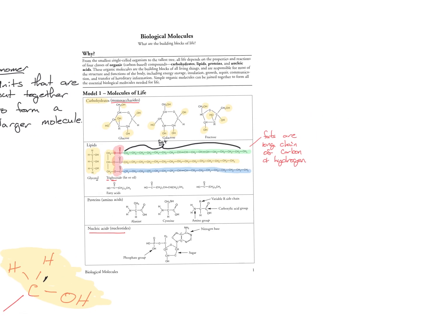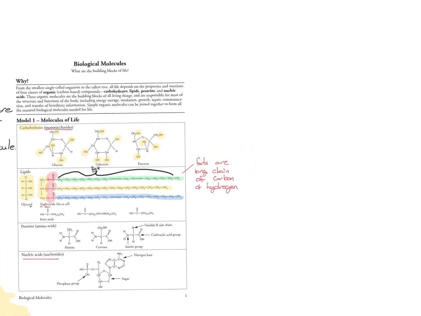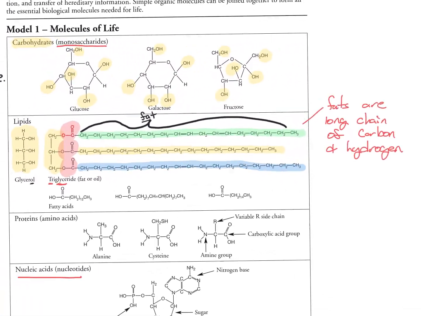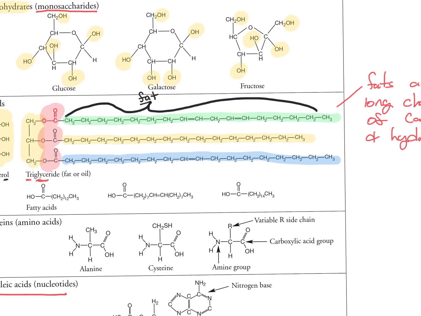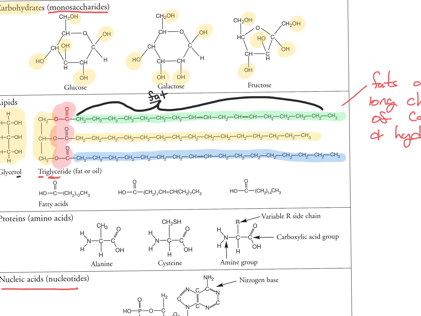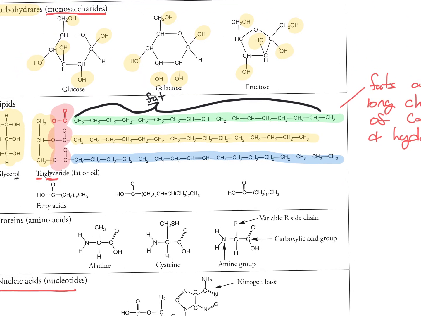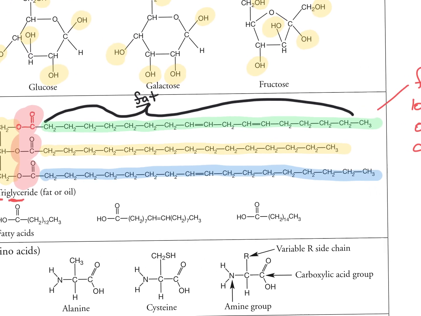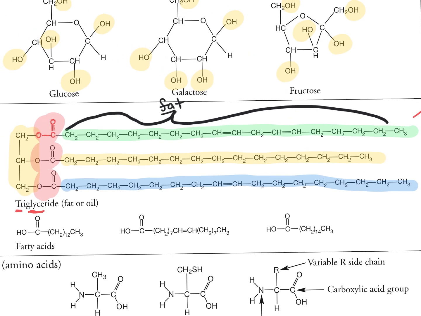Now let's take a look at these long chains. What is the difference between these three long chains? Let me zoom in a little more. You have them in front of you too in the handout. What differences can you see between those three long chains?